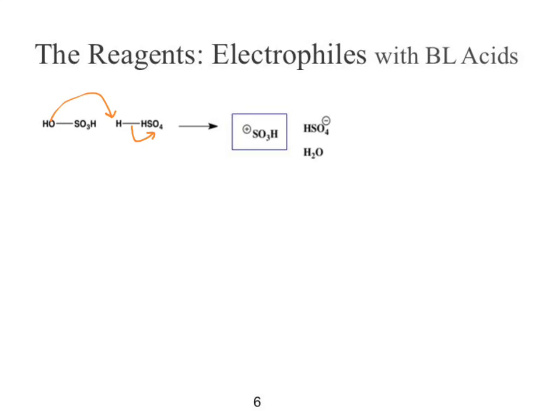Once we attach it to the ring, so let's say we had our reaction, we somehow put on our sulfonium ion. It turns out that this reaction is reversible if we add more sulfonium or more sulfuric acid.